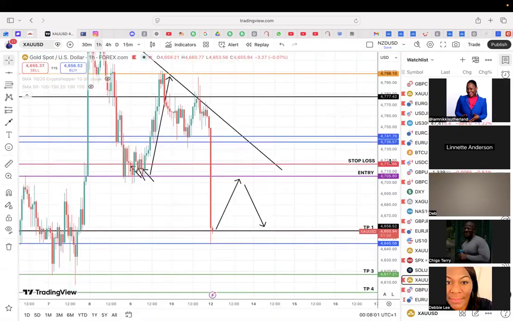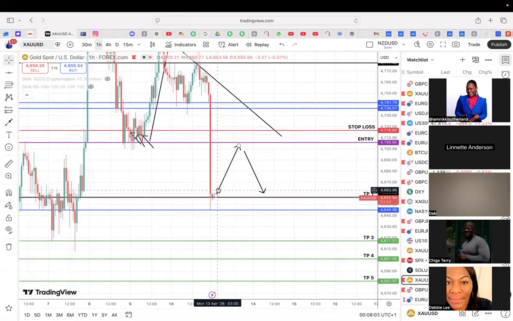Okay. So gold not really moving that much. We can see it's just still jamming here quite neatly. A little bit of a pull down, but we are not entering unless we see it break below this blue line or above the black line.